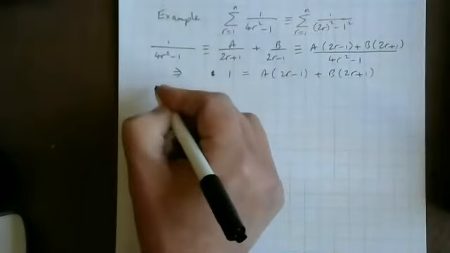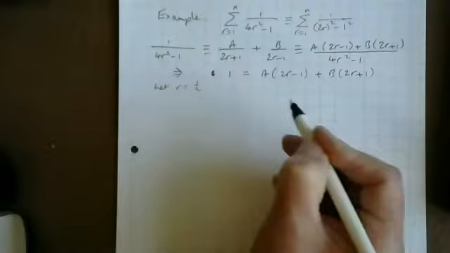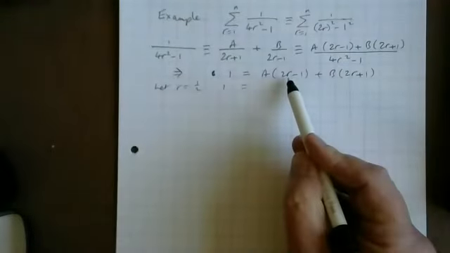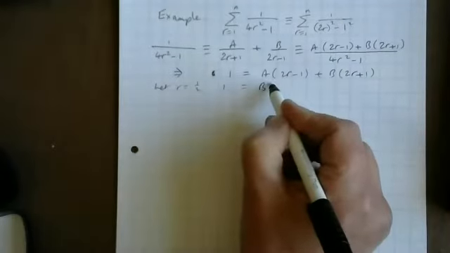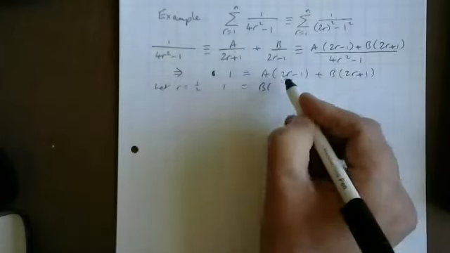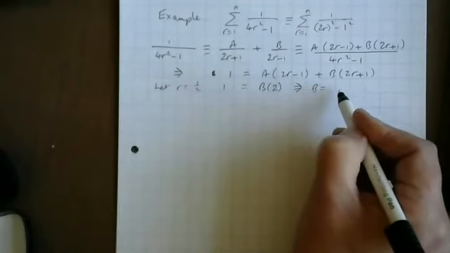Let r equal a half. 1 equals a times (2 times a half is 1, minus 1 is 0), so b times (2 times a half is 1, plus 1 is 2). That implies b equals a half.